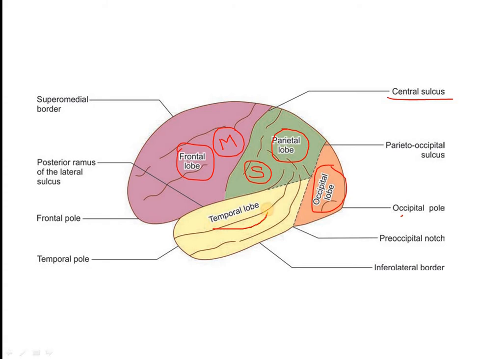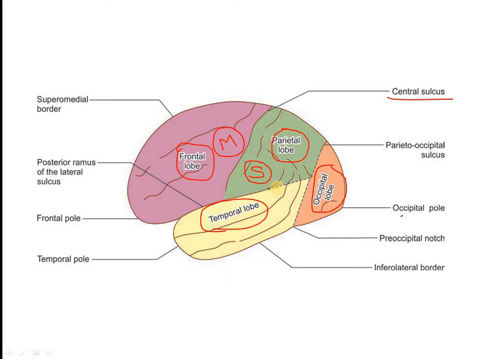The temporal lobe, which is located below the lateral sulcus, is responsible for audition or auditory perception, development of musical skill, etc. So these 4 lobes are the main parts of the cerebral hemisphere, and other than these, the insular lobe and limbic lobes are also there.